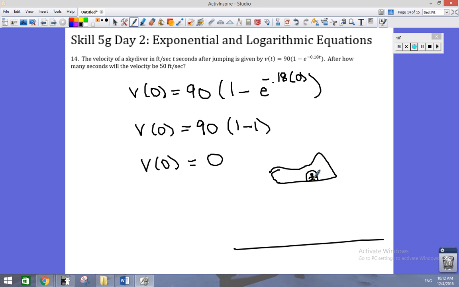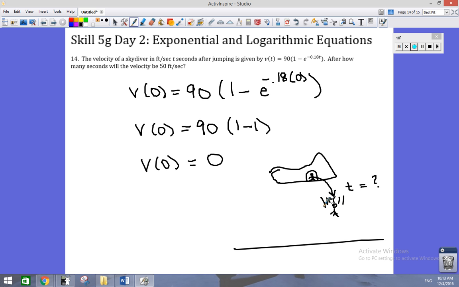Well, we haven't started to fall yet. As soon as we jump out of the airplane, we start falling, and our velocity is going to increase, and eventually they're saying that it'll get to 50 feet per second, and we need to know how long that takes.